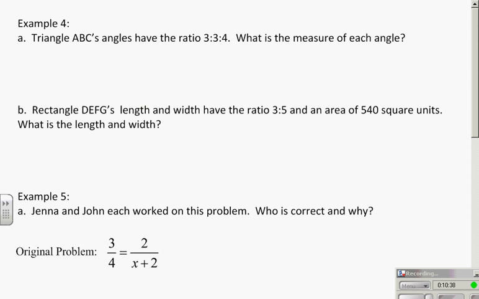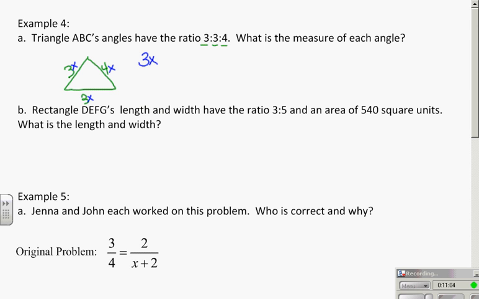Now, example 4 asks us to understand that idea of simplifying, of reducing fractions, that we're taking out common values. If our angles have the ratio of 3 to 3 to 4, what's the measure of each angle? That means in this triangle that I canceled some common factor out of all of them.